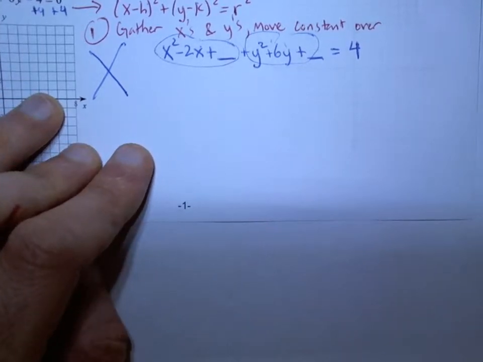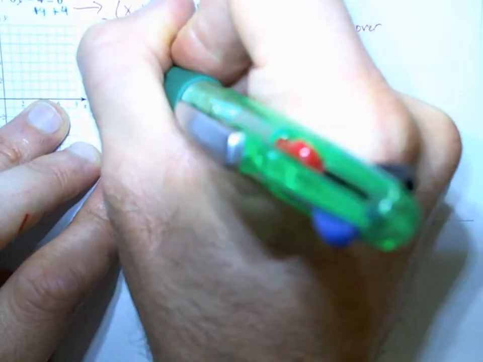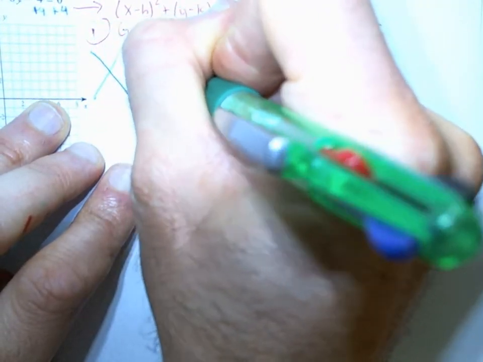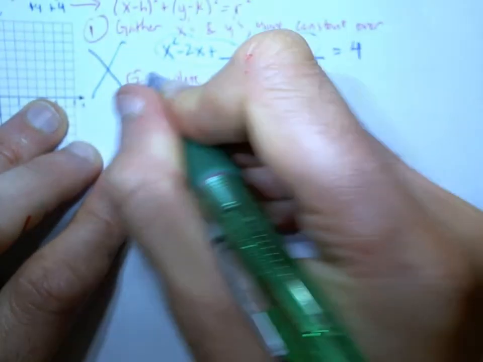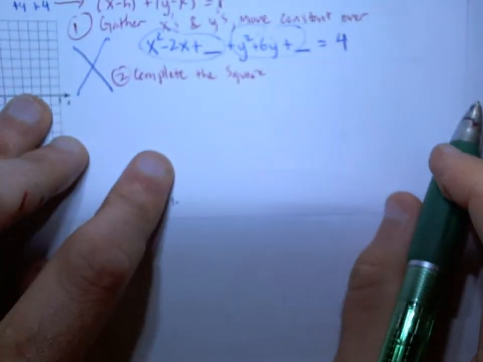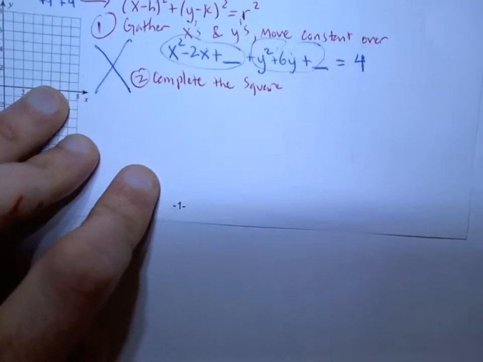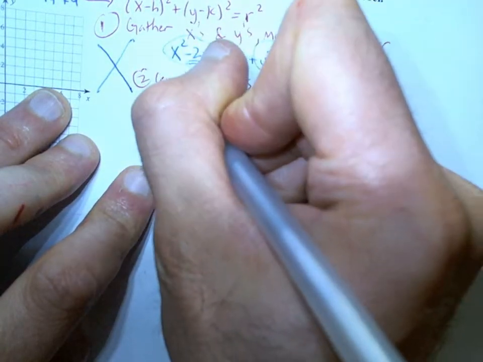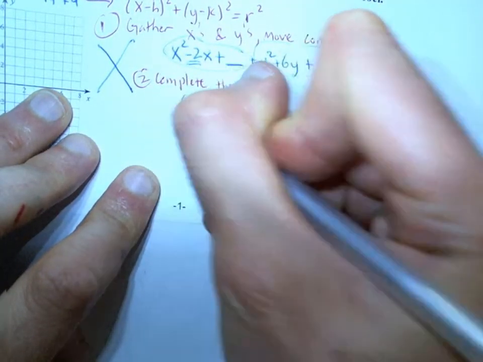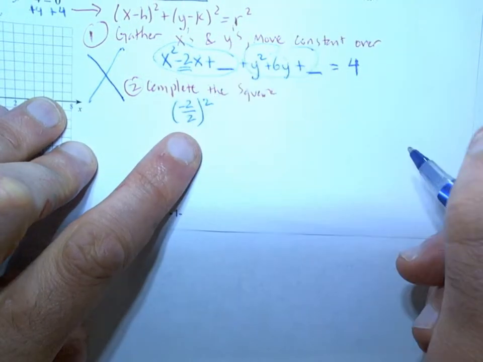So let's do that. Step 2, complete the square. This is going slow because we're writing down all these steps. You won't do this every time. We're going to half it and square it. Take this b term right here, negative 2. Half it, so divide it by 2. And then square it.